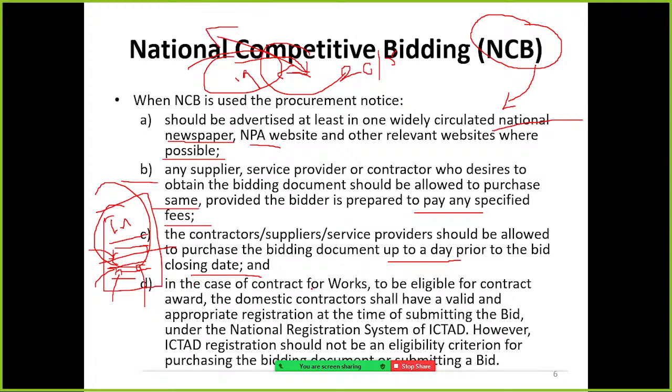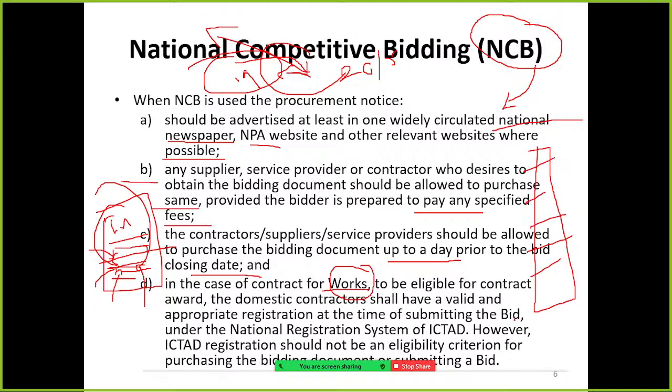In case of contracts for works, so works mean construction works, to be eligible for contract award, domestic contractors shall have valid and appropriate registration at the time of submitting the bid. Right? For works contracts, there are grades: A grade contractor, B grade, C grade, D grade.